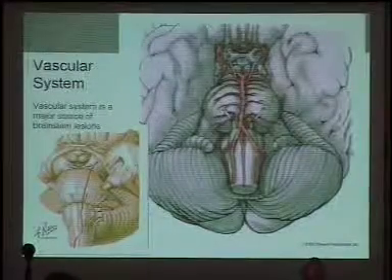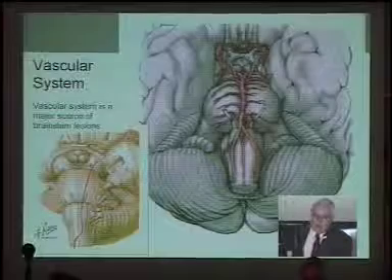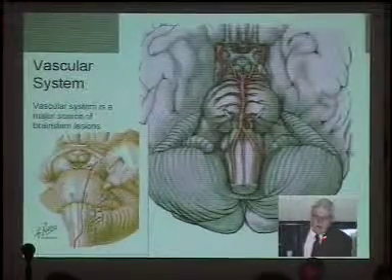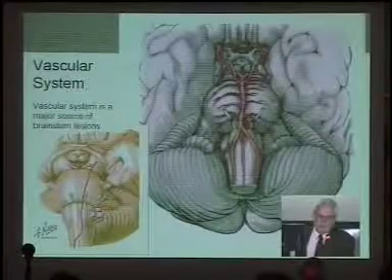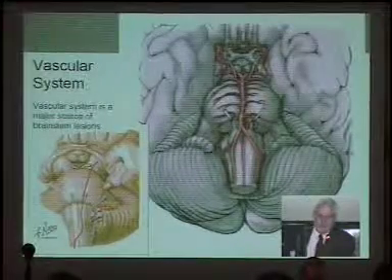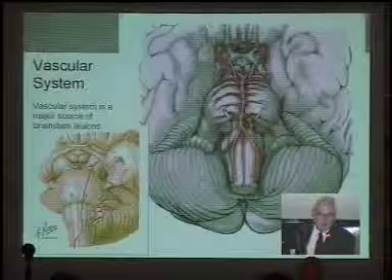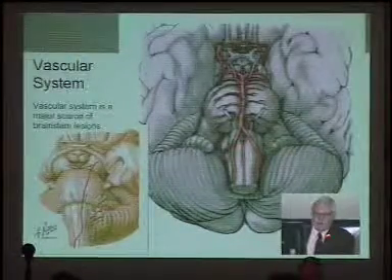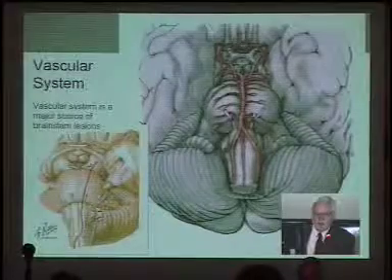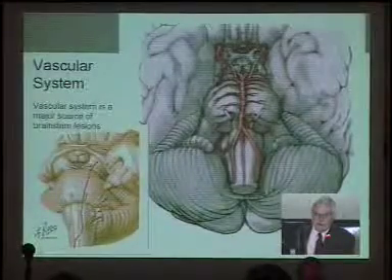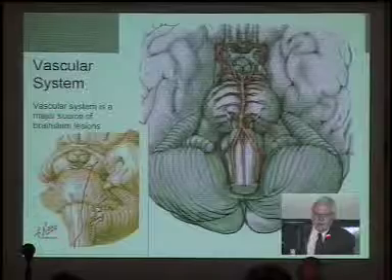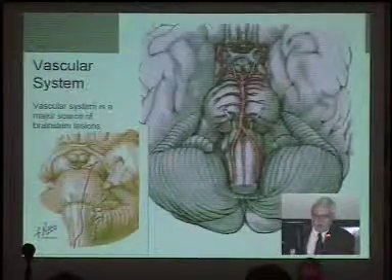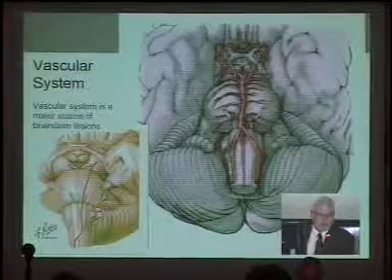One of the important things to remember, of course, is that, as we saw in that motor system, those motor fibers from the cortex that give us fine motor control, voluntary control, run along the ventral aspect of the brainstem, through the cerebral crus, through the ventral part of the pons. They emerge here as the medullary pyramids before they cross over at the junction of the spinal cord and medulla where it exits the skull.